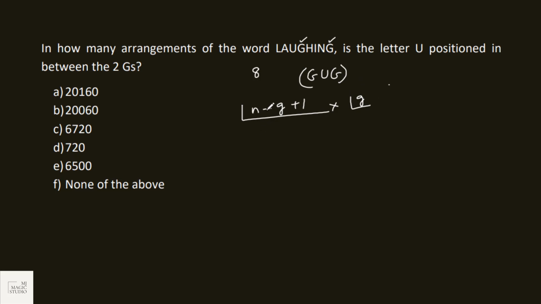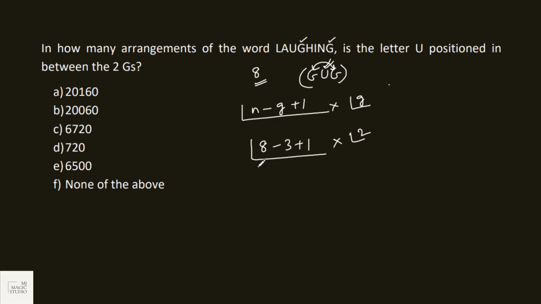Okay. So we have n equals to 8. 8 minus 3 plus 1. Now it is given that U should always be between these two G's. Fair enough? That means these two will be arranging, but this U would not be arranging itself.